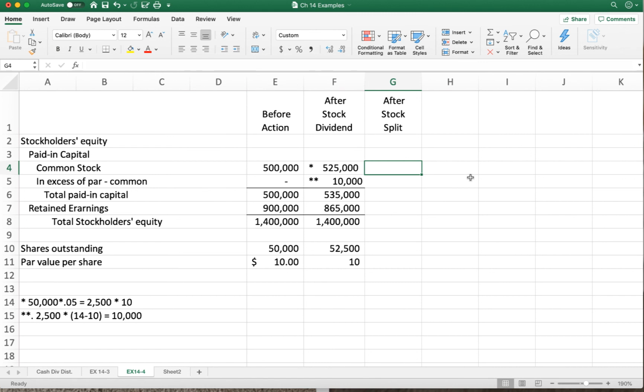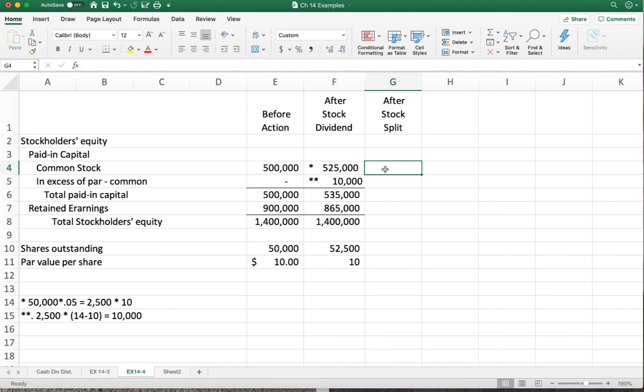Par value decreases by whatever ratio the stock split is, and the number of shares outstanding increases based on that split ratio.